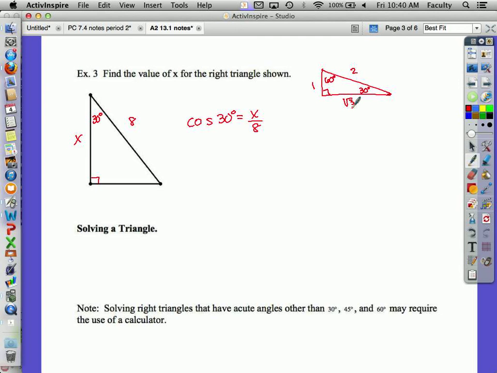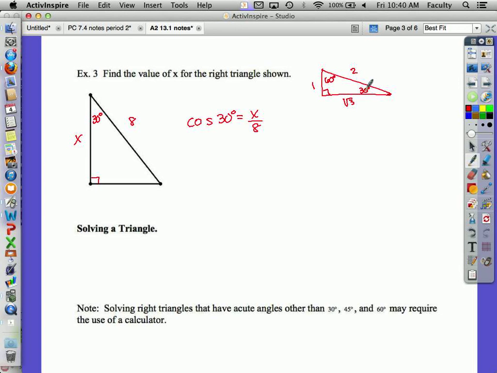So 30 degrees is smallest, 1 is the smallest. 90 is the biggest, and 2 is the biggest. Now how do you know that? Well, radical 3 is in between radical 1 and radical 4, right? So it's bigger than 1, but it's less than 2.